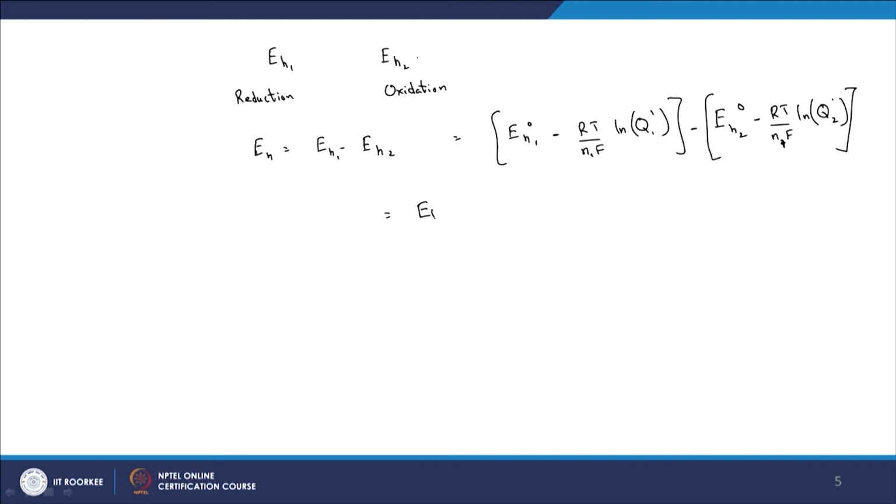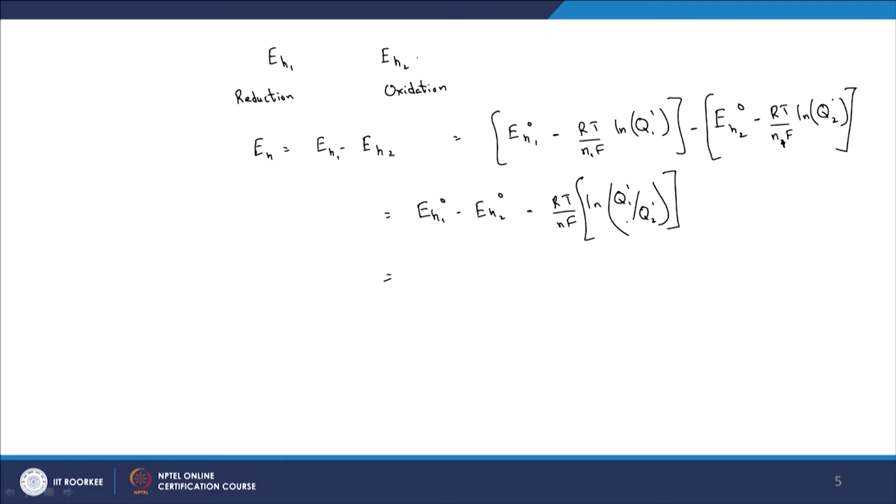It is going to be equal to EH1 naught minus EH2 naught minus RT by NF natural logarithm of Q1 dash by Q2 dash. Would that be the right way to express that? Yes, I believe that is true.